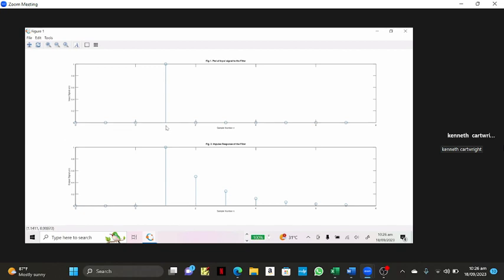Starts at 1. Do you see that this graph here began at n equals -2, -1, 0, and now this is 1, 2, 3, 4. So x of 4 is 1, okay, and x of 4 corresponds.